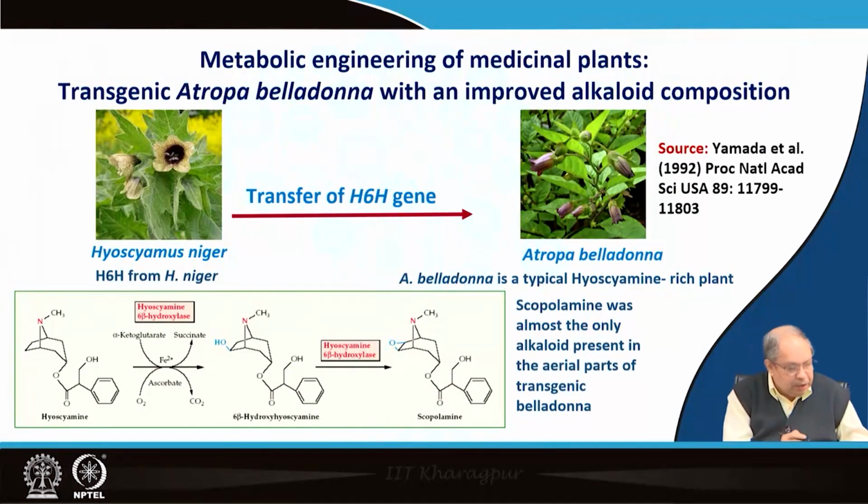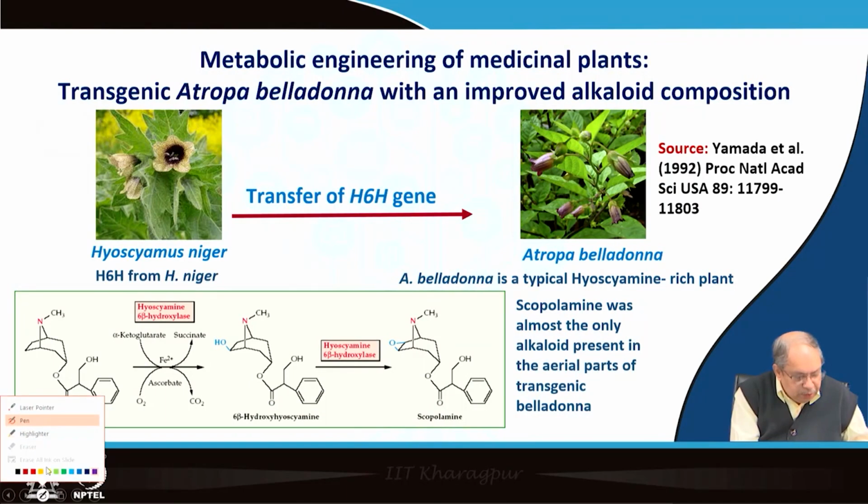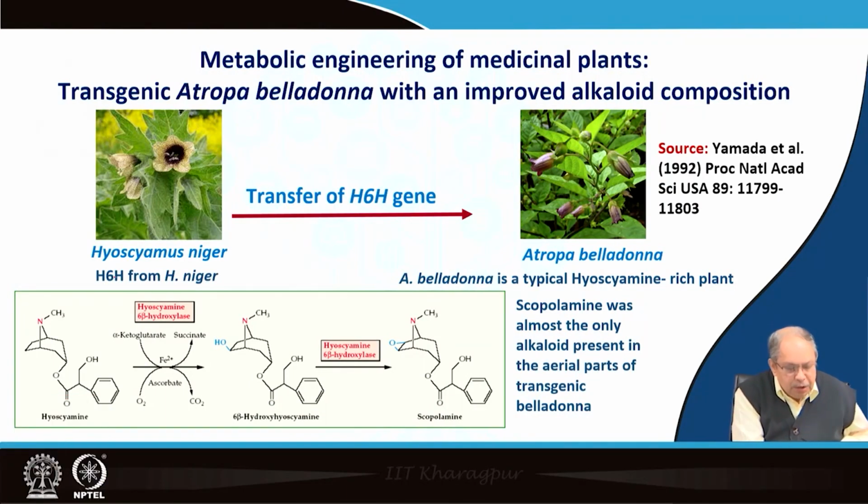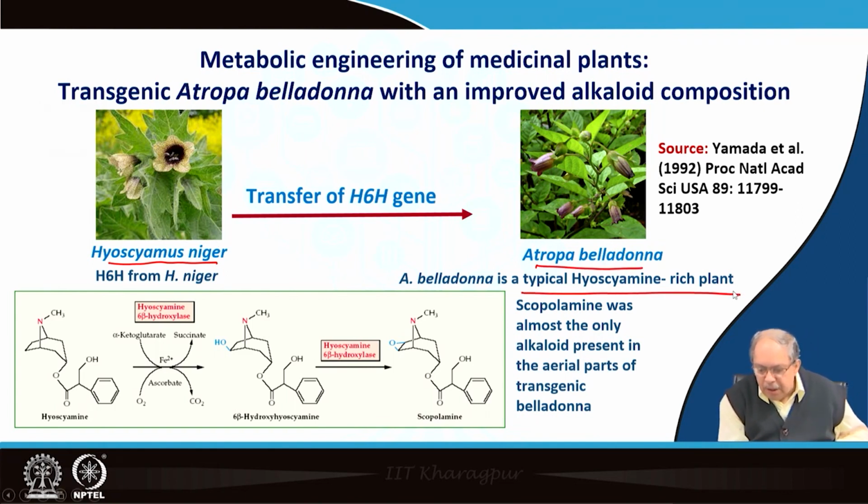So, in summary, the gene source was Hyoscyamus niger, and the gene was transferred into Atropa belladonna, because it is a hyoscyamin rich plant, and scopolamine was almost the only alkaloid present in the aerial part of transgenic belladonna.